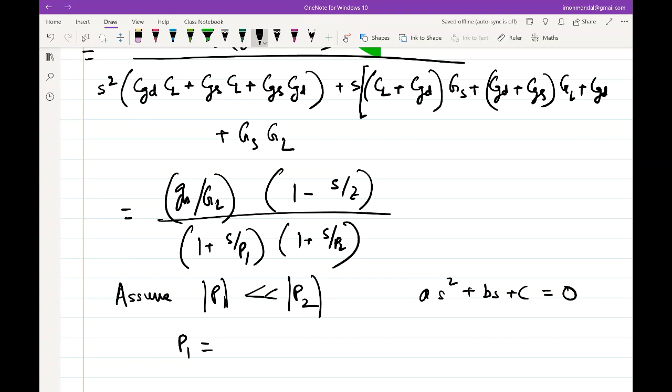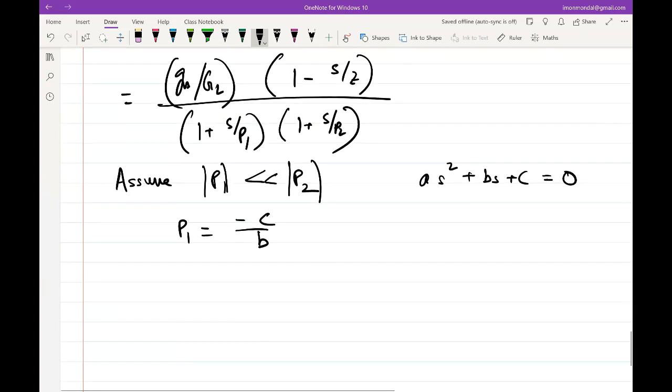The negative pole doesn't exist. So when we say one pole is much smaller, we assume that the mod of the pole is much smaller, right? So if this is the case, then what is P1 in terms of ABC? C by B. Okay. Right, rather minus C by B. So we'll drop the minus after some time. Let's stick with it. So let's see what's going to happen here.